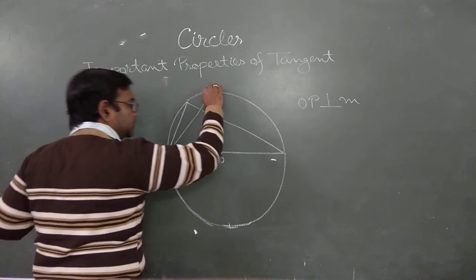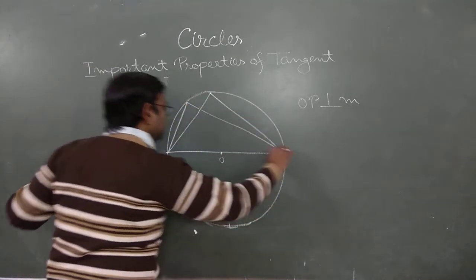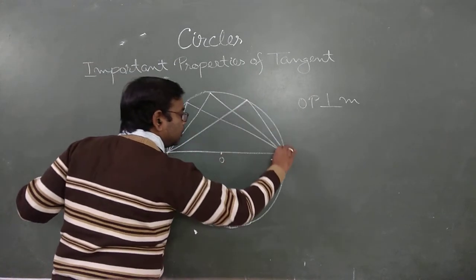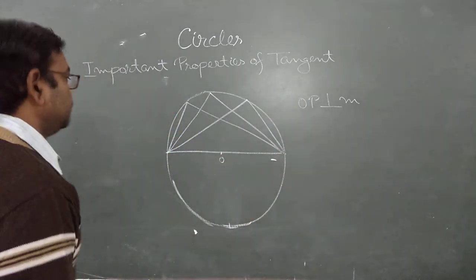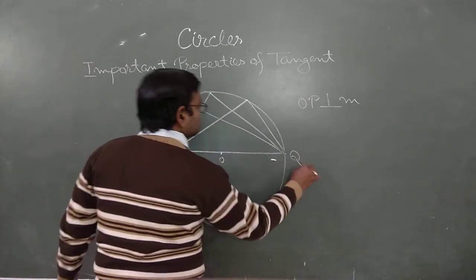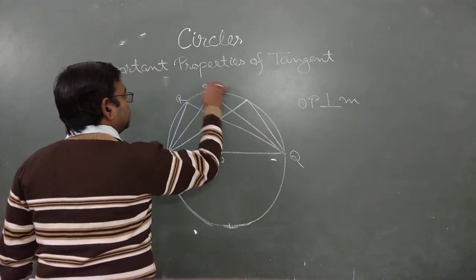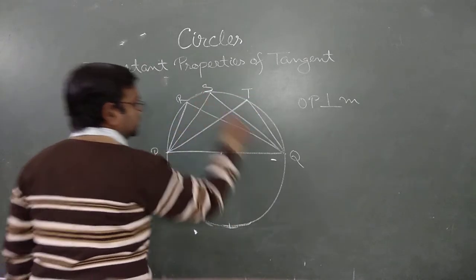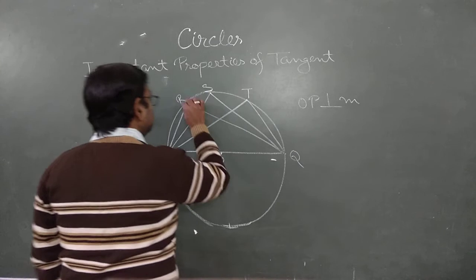is known as your angle in a semicircle. Likewise, all these are angles in a semicircle. Suppose the diameter is PQ, so PRQ, PSQ or PTQ.